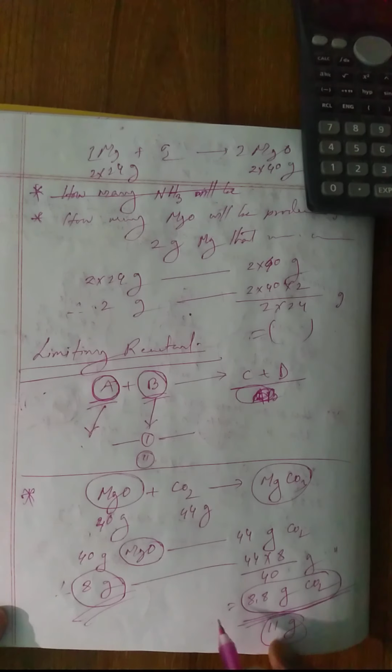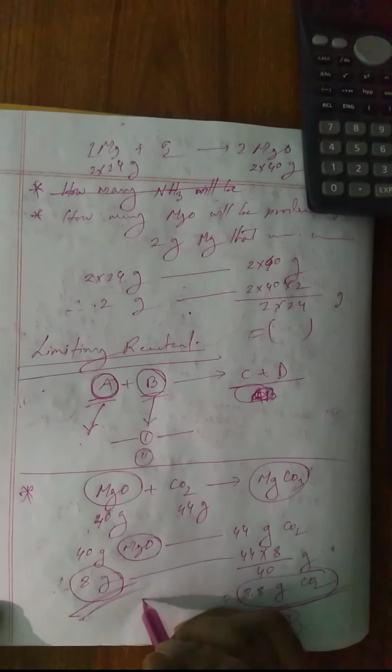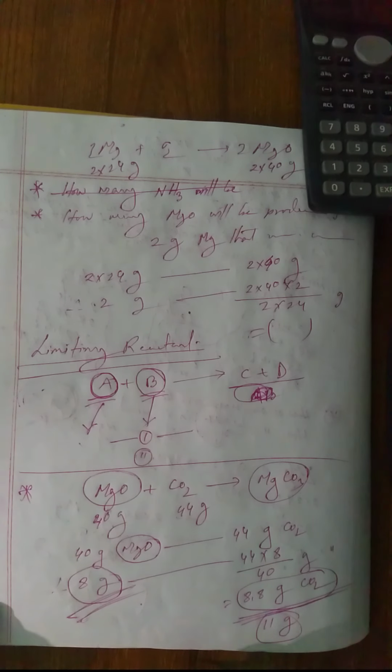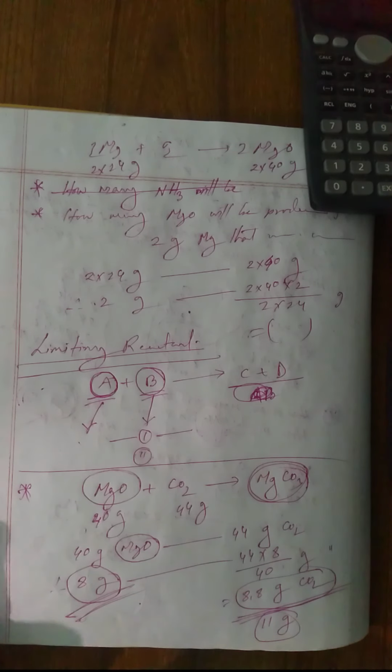So due to the presence of limiting reactant, which is MgO, the expected product, that means MgCO3 magnesium carbonate, will not be produced in this condition, and that is the solution of the given problem.